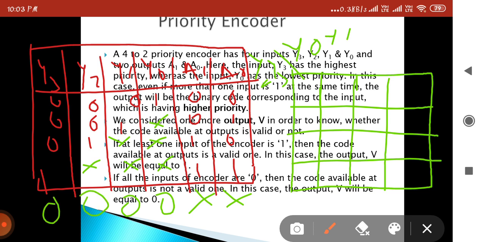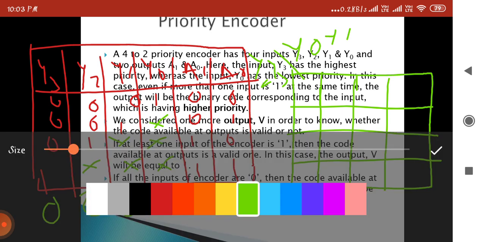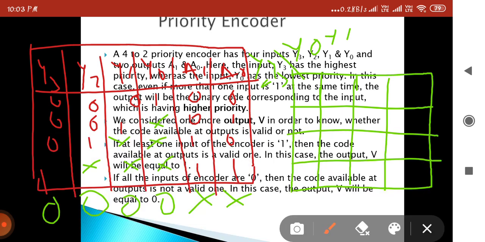Now I want to write one. This one is 0 0, 0 1, 1 1, 1 0. This is a K-map. Yes, all are 0.